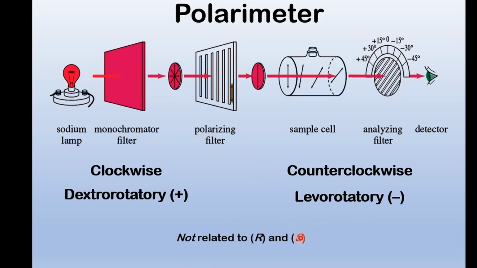So maybe there should be a little asterisk here. These are related to the stereogenic center, but nature wasn't kind and said everything that's dextro is R and everything that's levo is S. Doesn't work out that way. Changes from molecule to molecule.